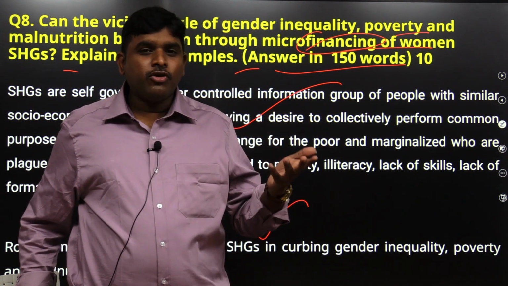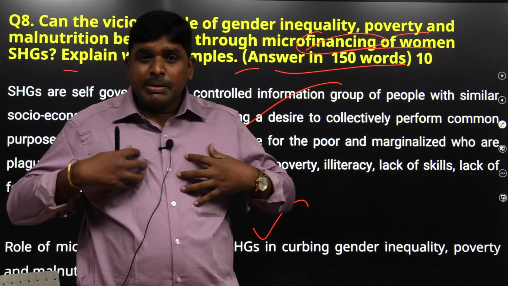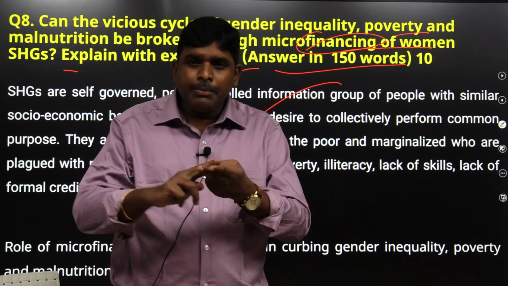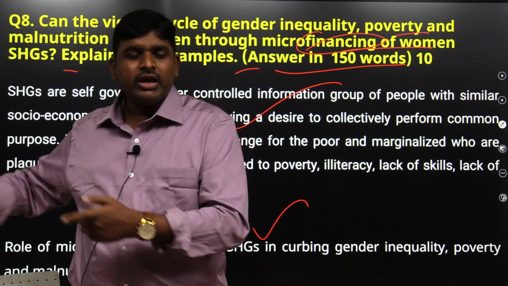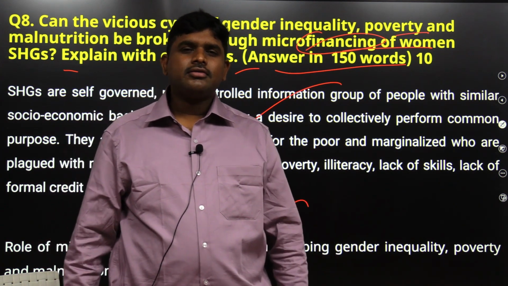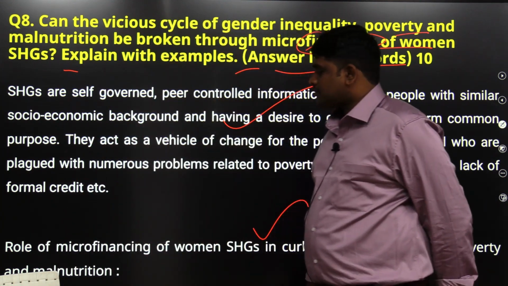So these people will be alert and will be paying. So in two ways it is helping. The banking structure will also be growing, as well as their requirement will be satisfied. That way you have to write the answer.